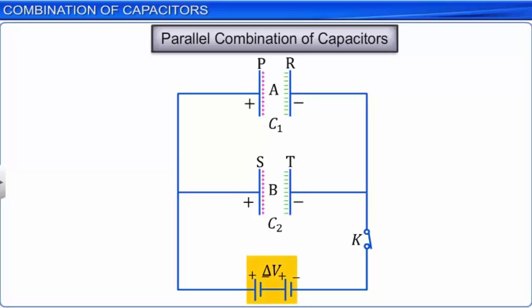The chemical energy stored in the battery is converted to the electrostatic potential energy associated with the separation of charge across the capacitors. The flow of charge to the plates of the capacitors stops when the plates acquire the potential difference equal to that supplied by the battery. The charge acquired by the plates of the capacitors is the maximum when the potential difference across them becomes equal to that applied.